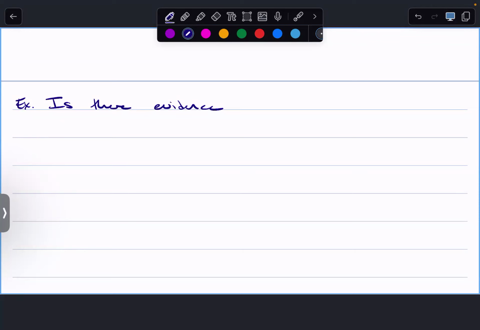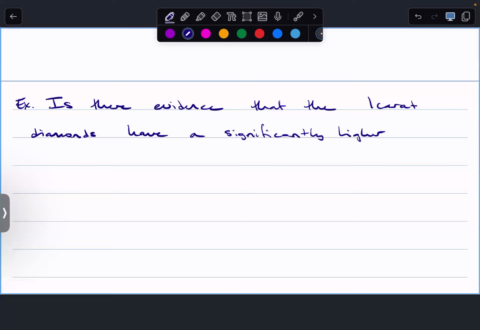Is there evidence that the 1 carat diamonds have a significantly higher average point price than 0.99 carat diamonds?